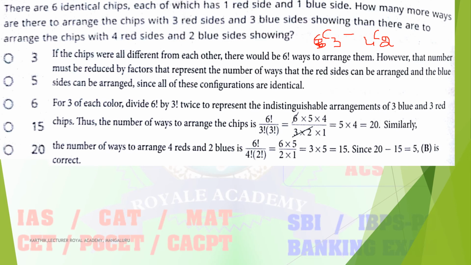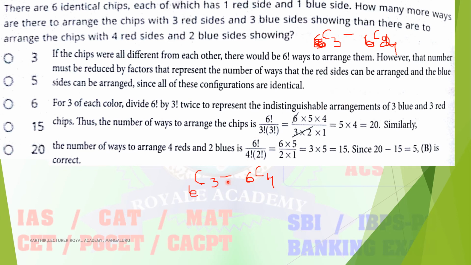Total number is 6, here 4, here 3. So find 6C3 minus 6C4, that difference is what you want.